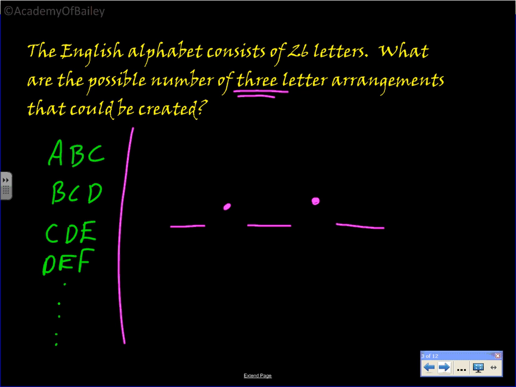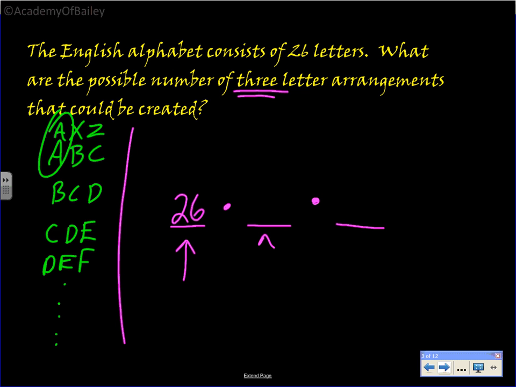Now, how many letters could be used for the first letter? 26 different letters. So, even though I put A, B, C, we could have A, X, Z. You could still use A twice.